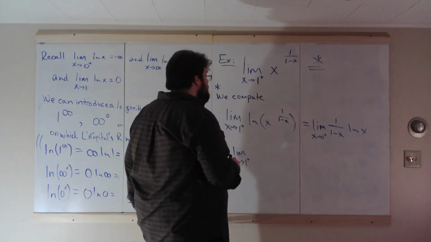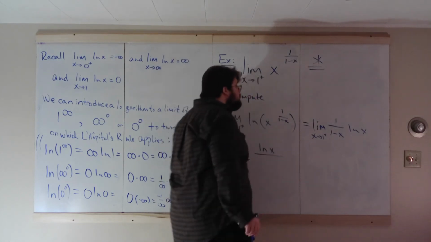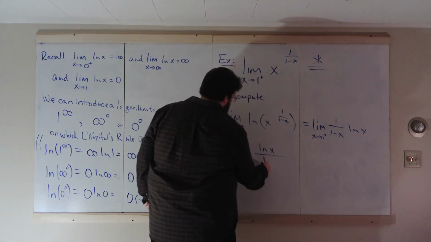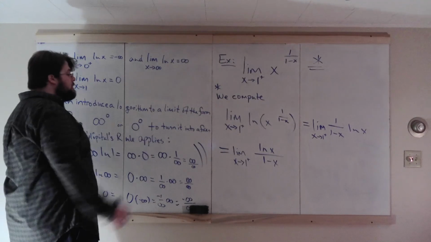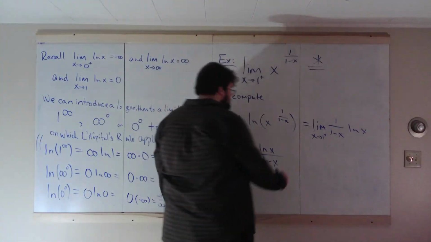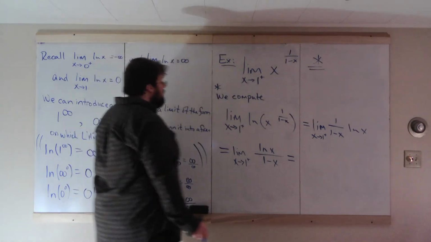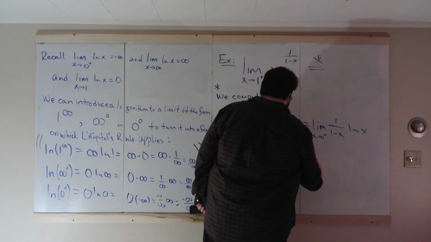So what do we have? Log x over 1 over 1 over 1 minus x, which is just 1 minus x over... in this case, it looks like just combining the fractions. And what happens as x approaches 1? Well, we get a 0 over a 0. And then we can apply L'Hopital's rule. So 0 over 0, L'Hopital's rule, equals this new limit.